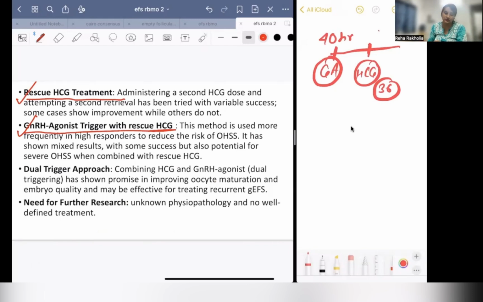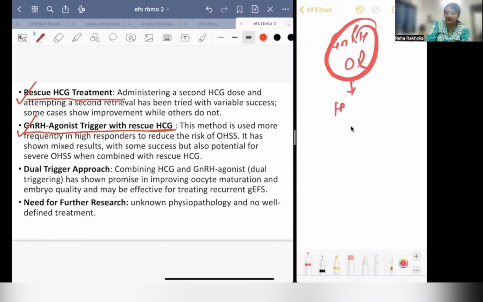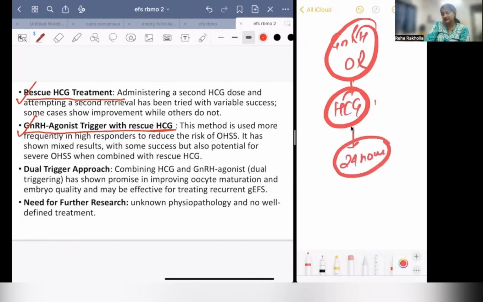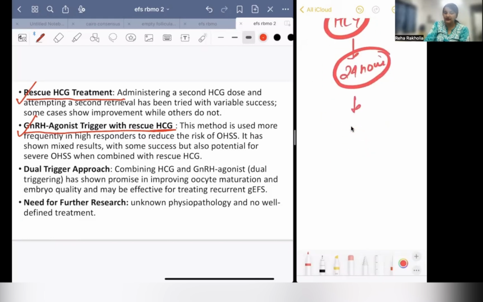If GnRH agonist trigger has already been used and it is not working, meaning we are not getting any oocyte, we can try giving rescue HCG. We can give HCG, and after 24 hours we can retrieve. And this method is used most frequently in high responders to reduce the risk of OHSS.